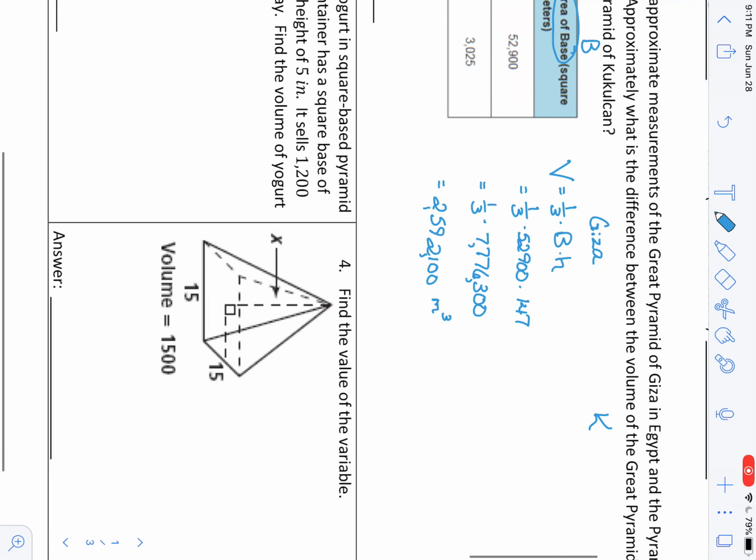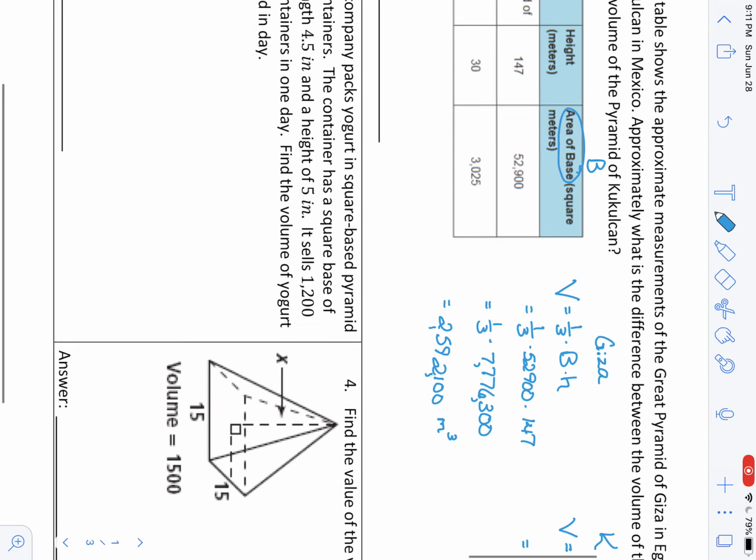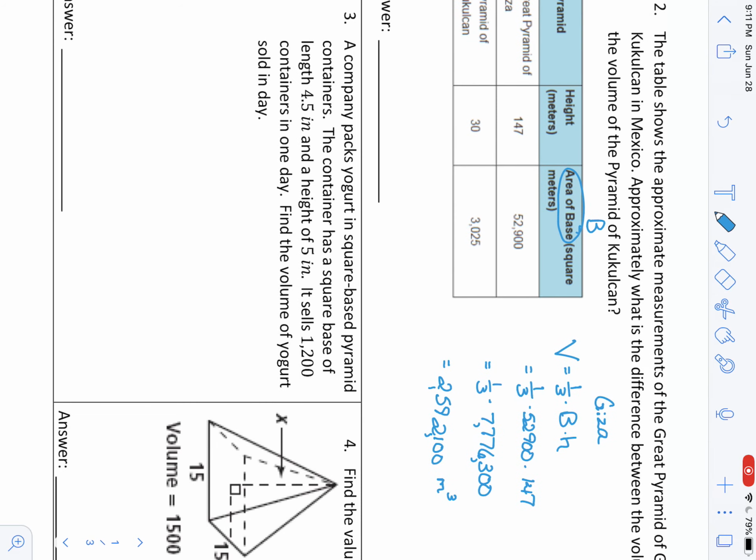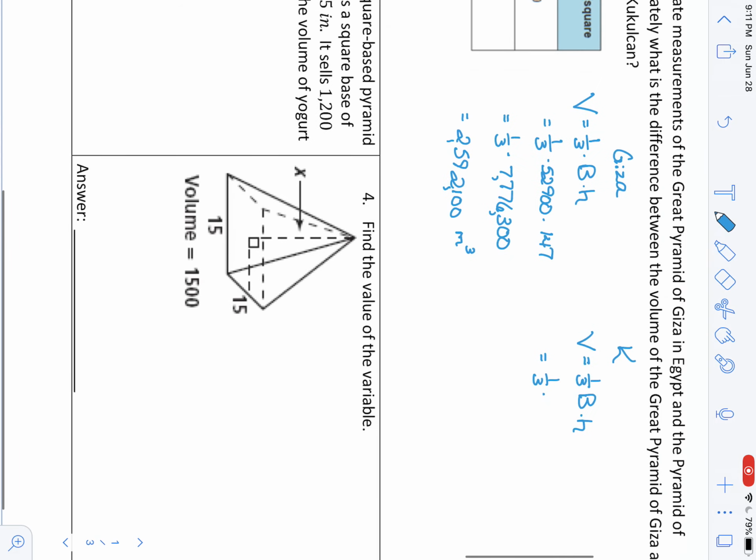So the cubic meters in the Egyptian pyramid is 2,592,100. If we go to the Kukulkan one, it's still a pyramid, so I'm still going to use 1/3 area of the base times the height. And just as before, the area of the base is told to us. We don't actually have to calculate it. This one has the area of the base of 3,025. And it says the height is 30 meters.